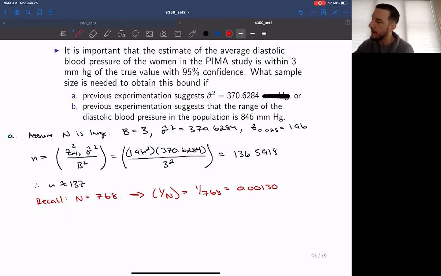So had we included this factor in our calculation, you can see that we would only be adding 0.0013 before we inverted to get to our sample size. So the result here, if we were to compare them, is probably going to be minimal, and we would end up with the same solution anyways.